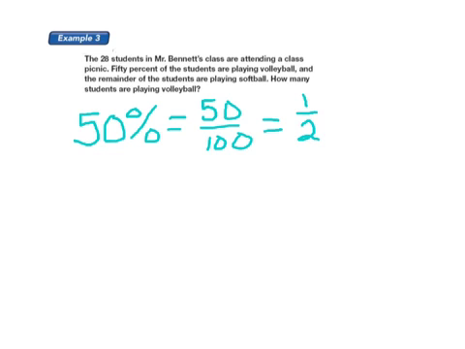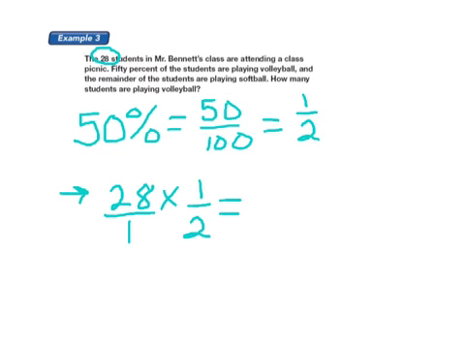So, 28 students altogether are at the picnic. So we're going to multiply those 28 students times half to find out how many students are playing volleyball. Now, because this is a whole number, I need to convert it into a fraction, and every whole number has a denominator of 1.